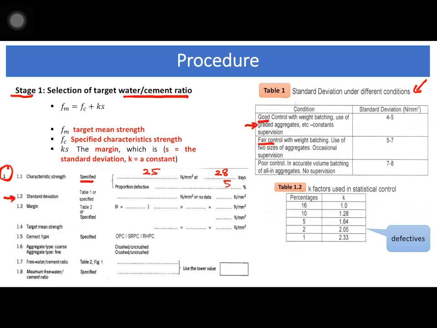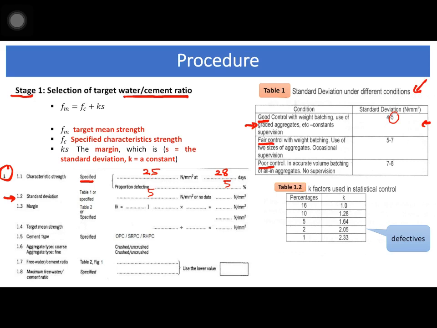Number 2, fair control. Number 3, poor control. And then here is given that if our mix requirement is good control, we can have 4 to 5. But for the good condition, we take the highest one. So here we choose 5 Newton per millimeter squared. So standard deviation for our condition, good control at site, is 5 Newton per millimeter squared.